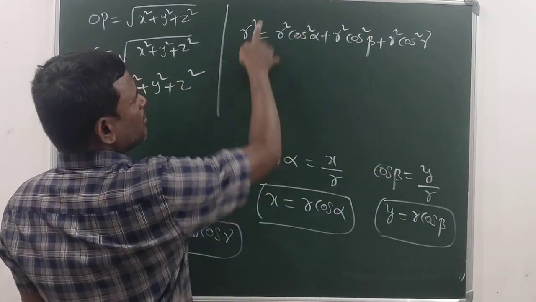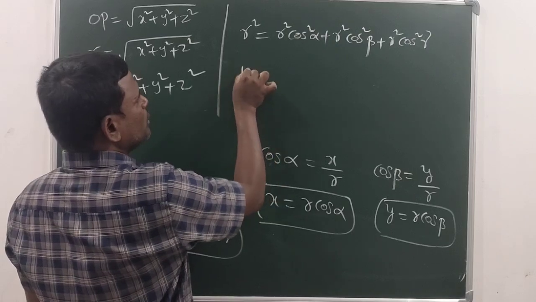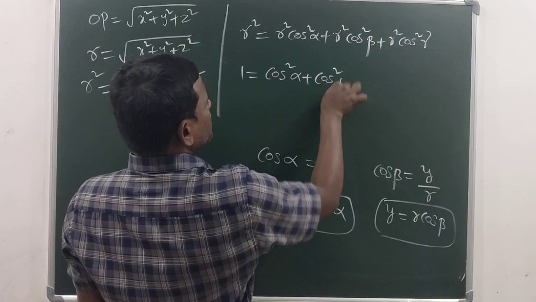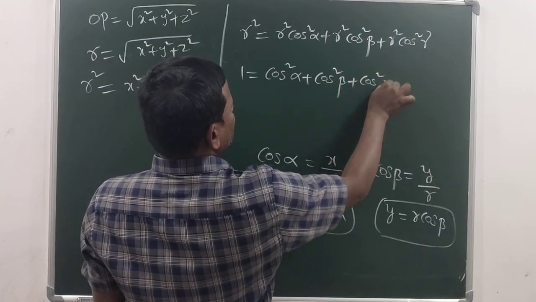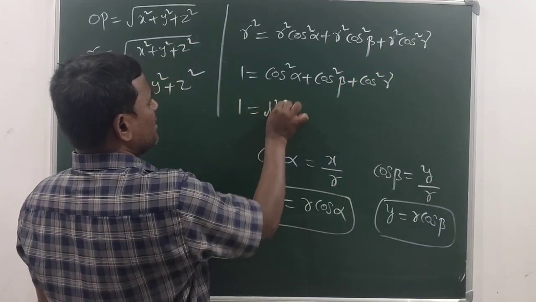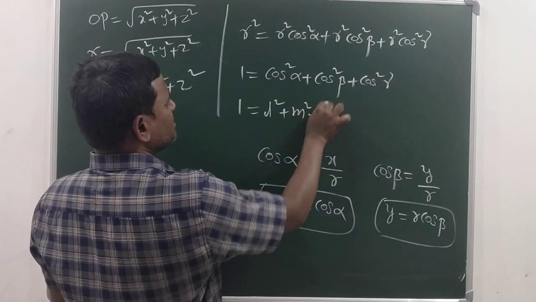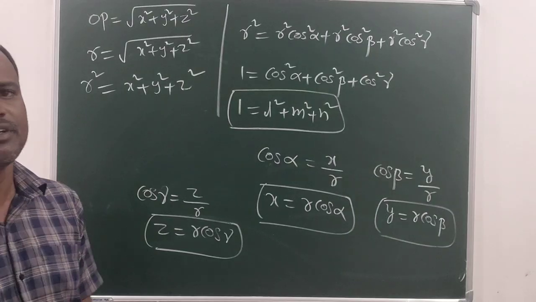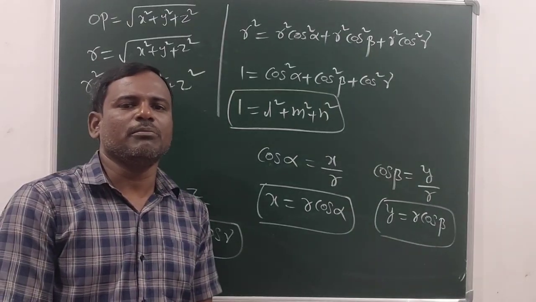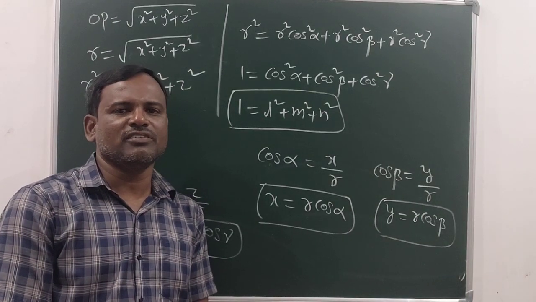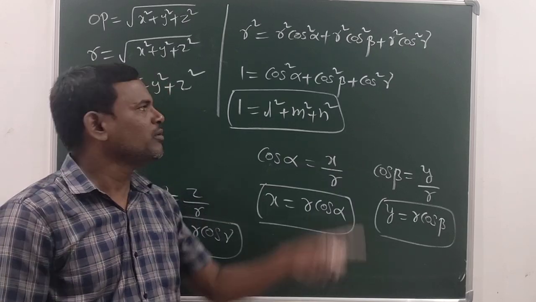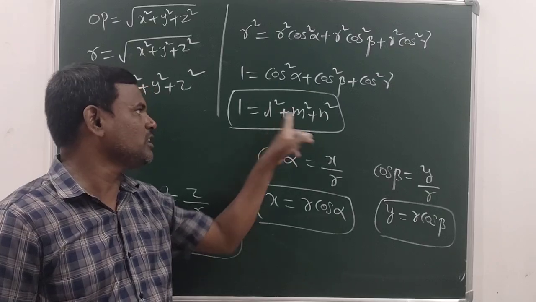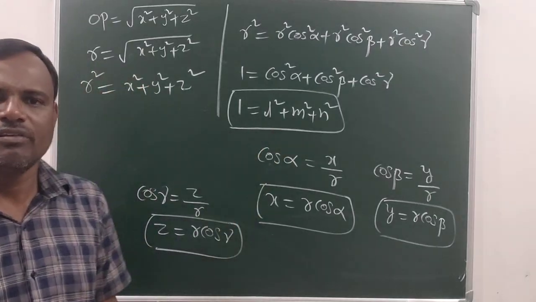Now take r square common and cancel with left side, so that you will get 1 is equal to cos square alpha plus cos square beta plus cos square gamma. Now 1 is equal to l square plus m square plus n square. This is very, very important. So remember, like a standard result: l, m, n are the direction cosines of a straight line. If you find the sum of the squares of the direction cosines, the result will become 1.